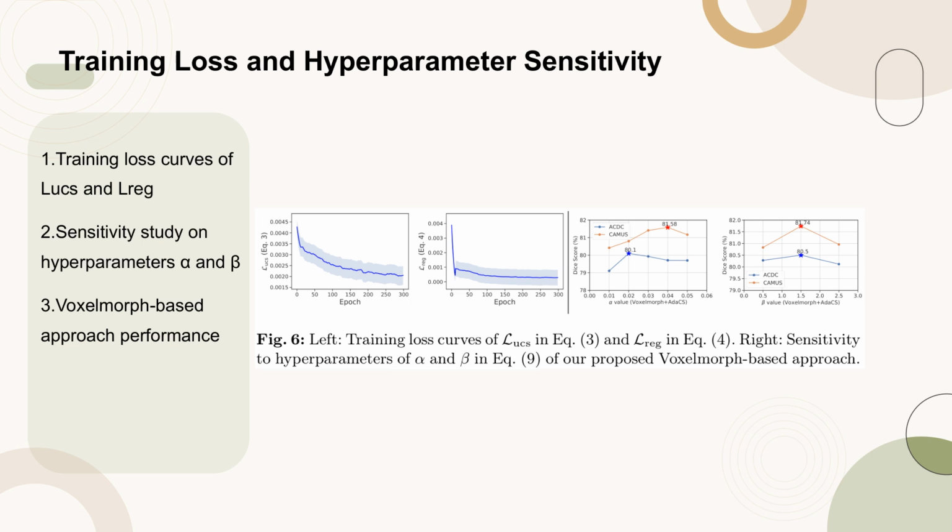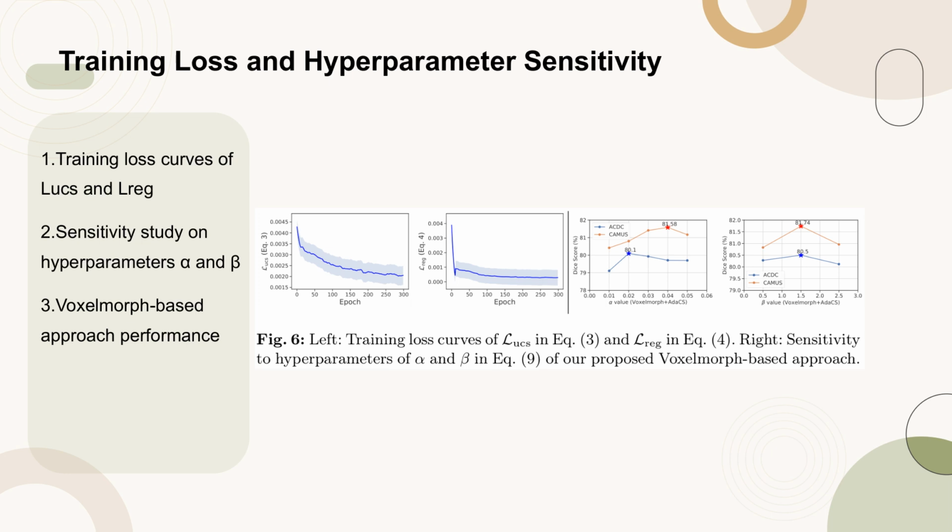The study reveals that while the hyperparameters are not highly sensitive, fine-tuning them can yield better results, with changes within approximately 1% DICE for various alpha and beta values. This figure highlights the stability and robustness of our approach in handling different hyperparameter settings, contributing to its effectiveness in unsupervised image registration tasks.